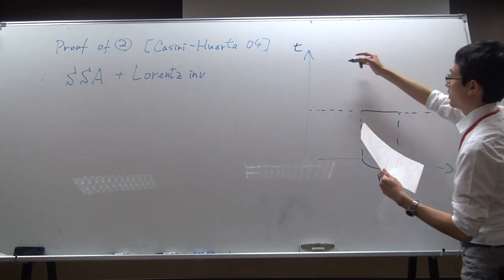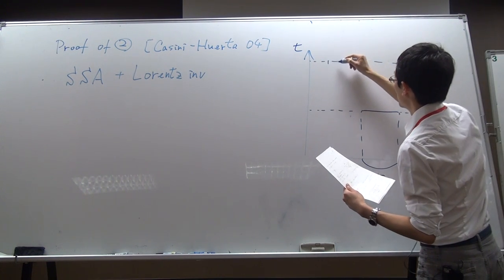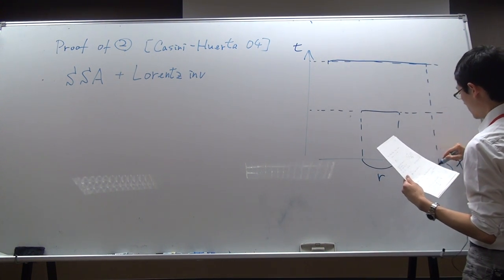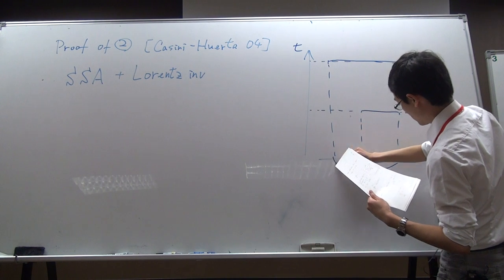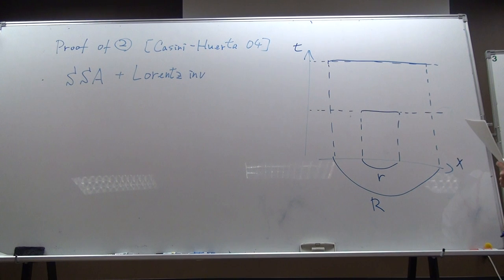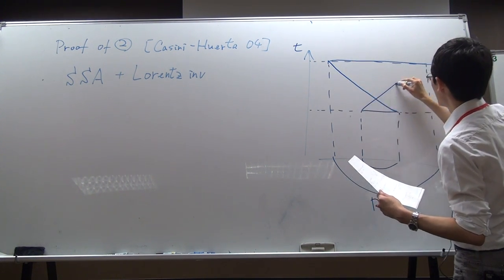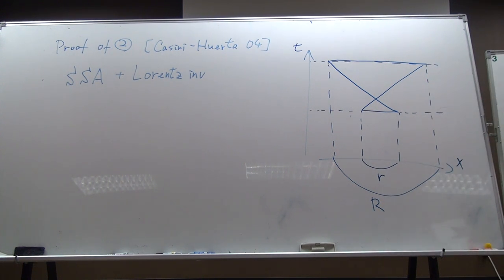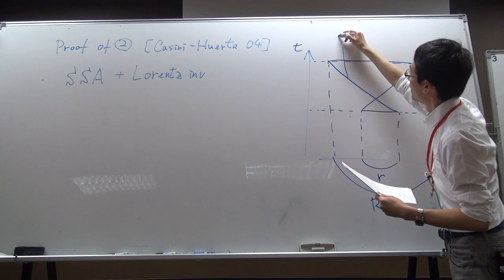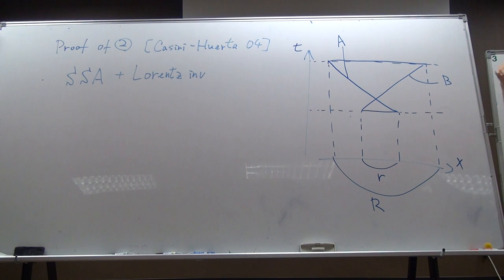And at a different time slice, I have another interval whose width is capital R, and then I take a region A and a region B in the boosted frame. This is my region A, and this is my region B in the boosted frame.